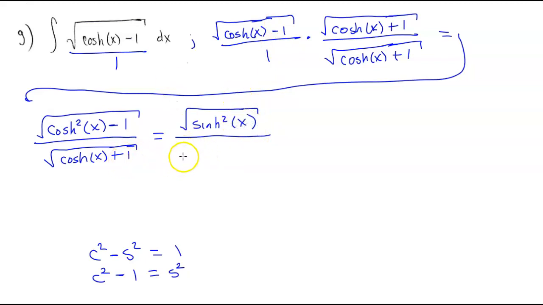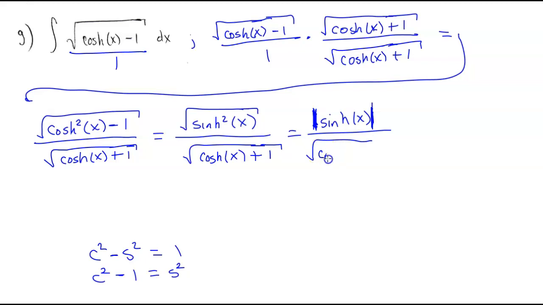And then here the denominator will still be the same. So now at this point, we know that the numerator here, square root of sinh squared, will actually be absolute value of sinh x. Make those absolute value signs a little bit thicker here. All that divided by square root of cosh of x plus 1.